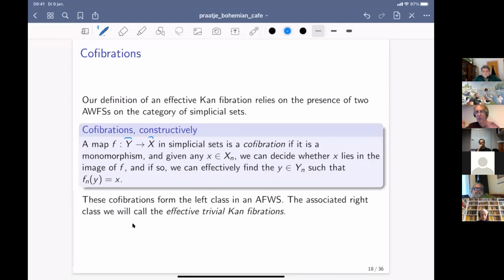You could call these maps effective cofibrations. These effective cofibrations are the left class in an algebraic refactorization system on the category of simplicial sets. If you're a classical mathematician, you can just think monomorphism.